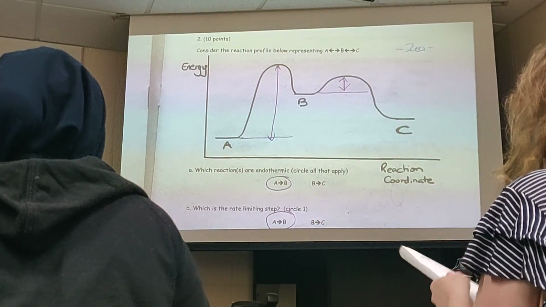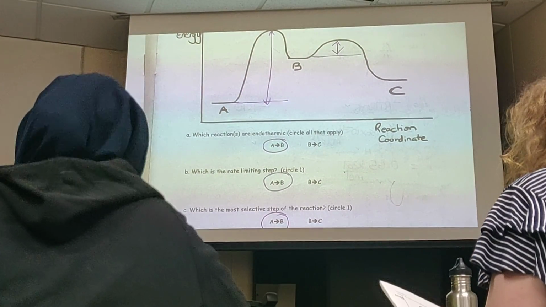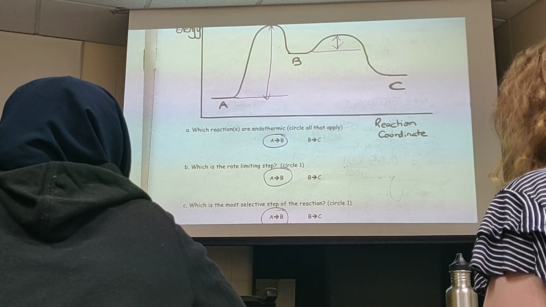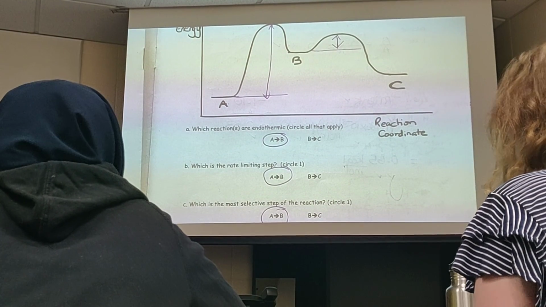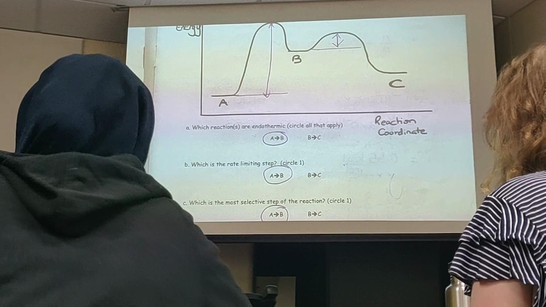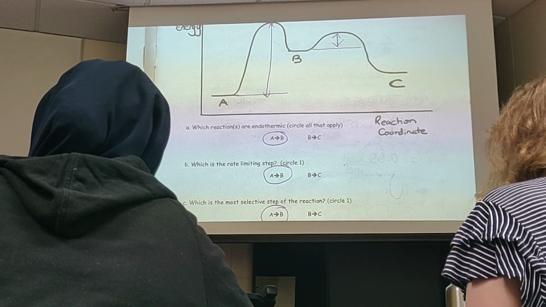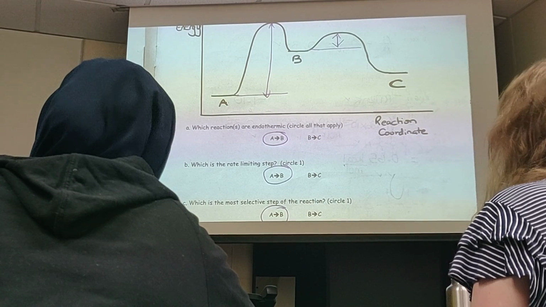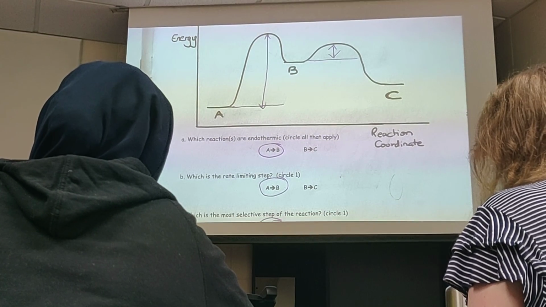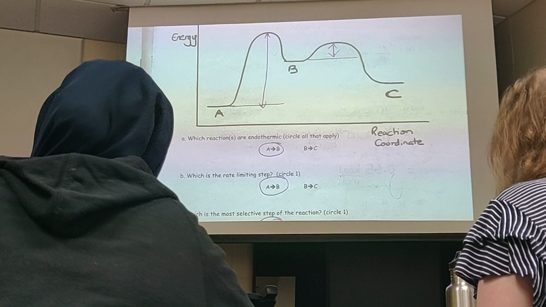Energy diagram. So, endothermic reactions. A to B is endothermic. B to C is exothermic, right? Uphill, downhill. The rate limiting step is the one with the highest energy of activation, right?